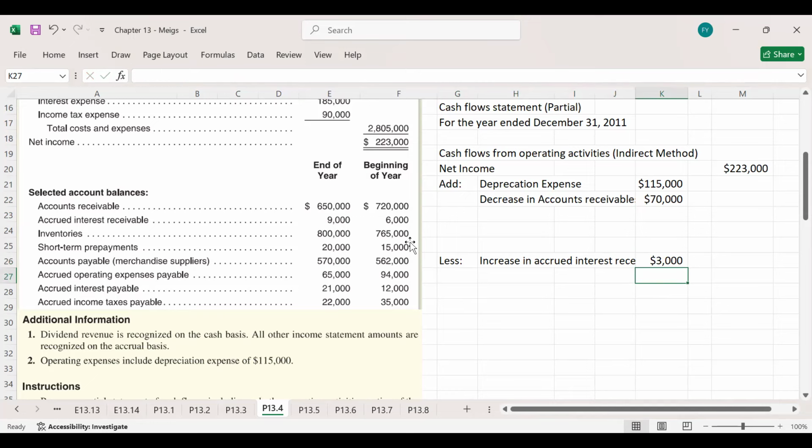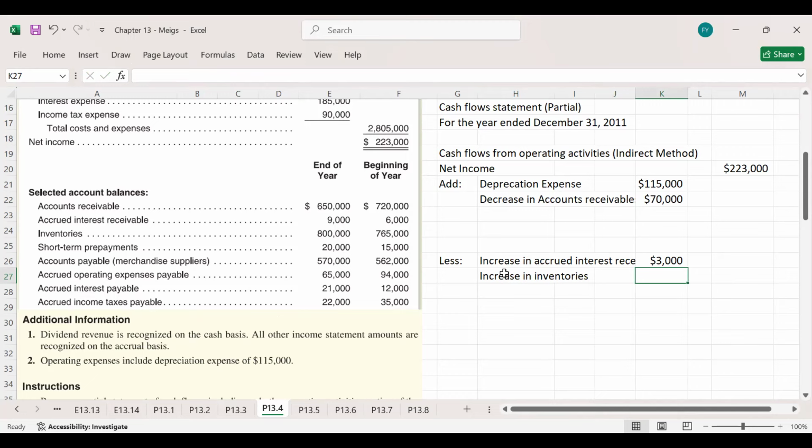The next one is inventory. Inventory is also a current asset, and there's an increase in inventory from 765 to 800, which means that 35,000 is increased. So as per the rule, an increase in inventories or any current assets will decrease cash flows from operating activities.